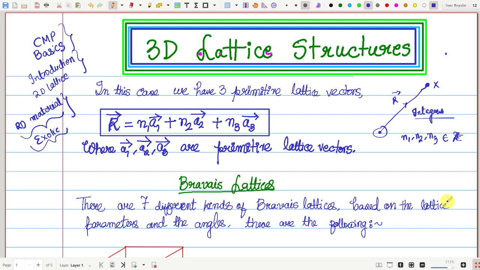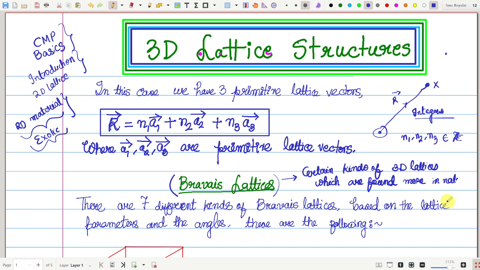We are only interested in the Bravais lattices, which are certain kinds of 3D lattices which are found more in nature. These are more abundant in nature.